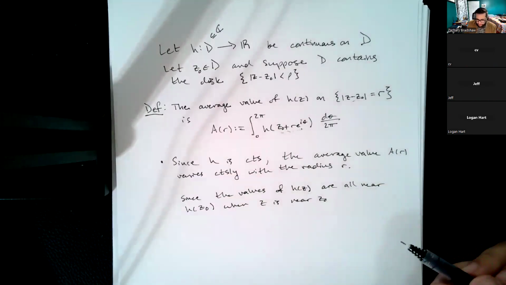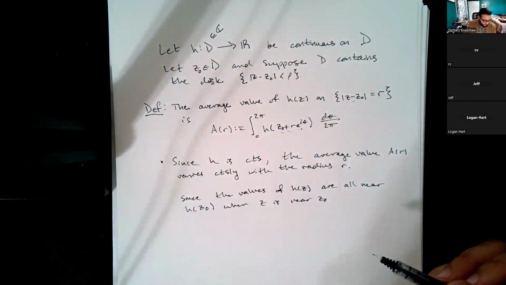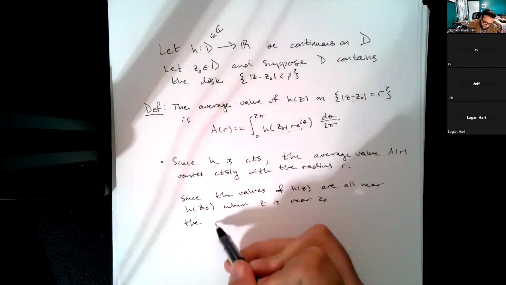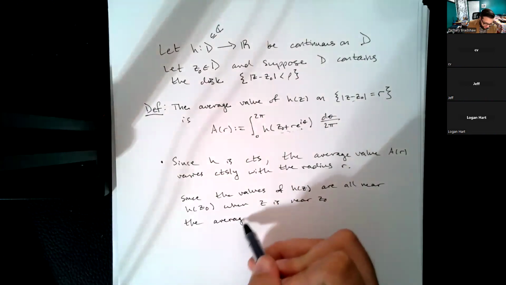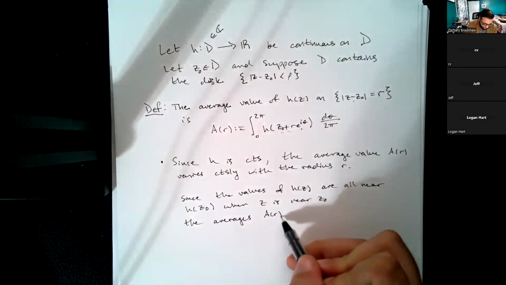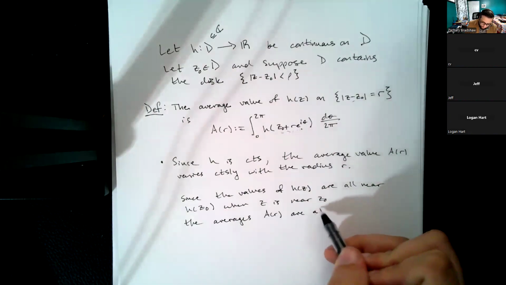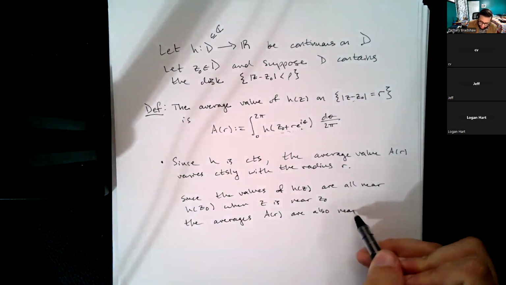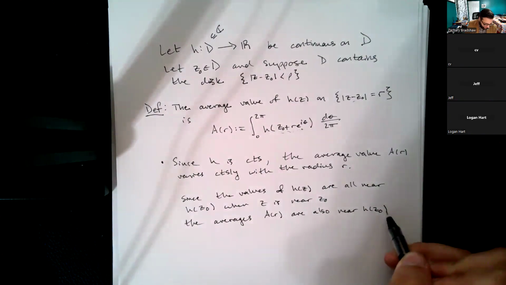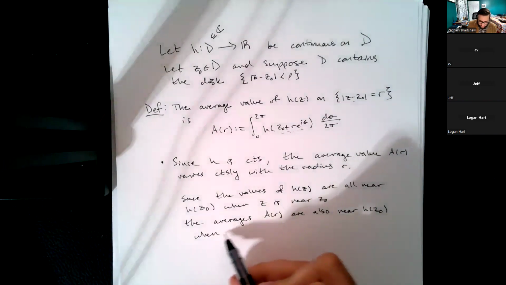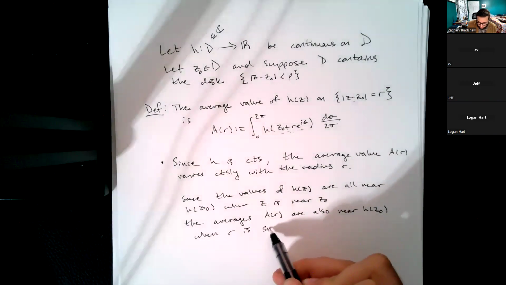So that's what continuity means. The averages are also near h of z0. That's when r is small, right?